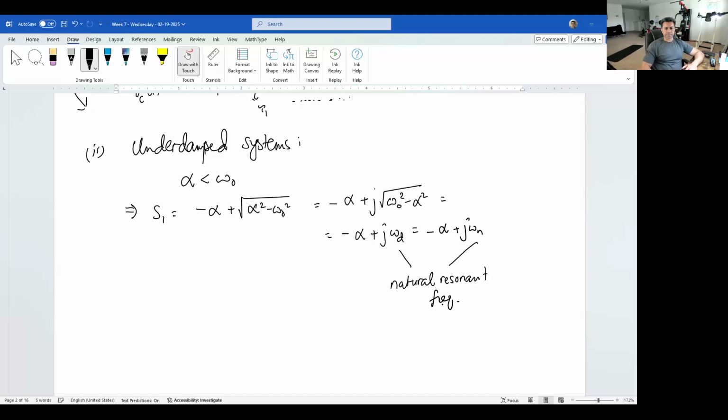So now your two roots are S1 is negative alpha plus j omega d, where omega d is the square root of omega naught square minus alpha square. And the second root is going to be negative alpha minus j omega d. So these are complex conjugates of each other.